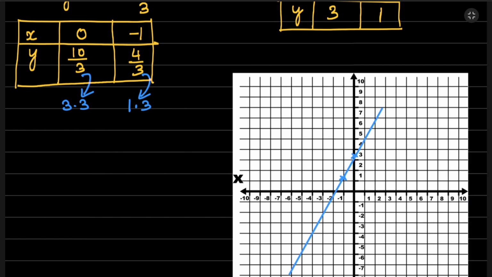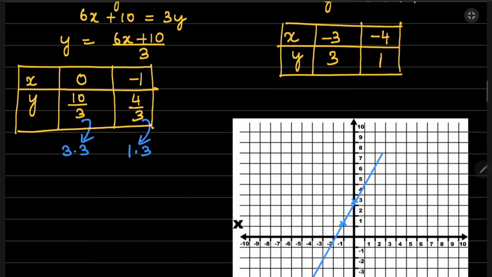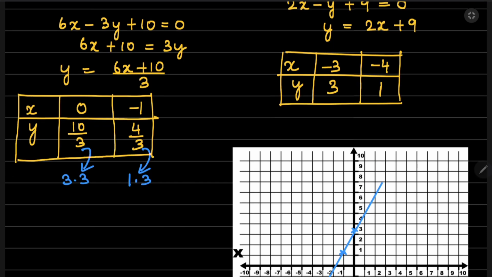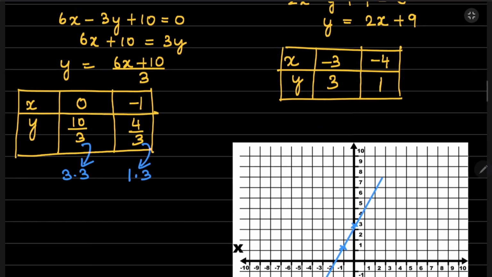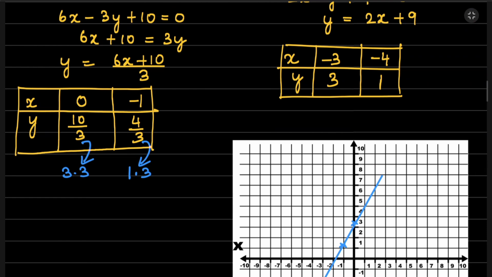Correct? I hope you're able to see this. This is the line representing the first equation. So we'll write the equation here.